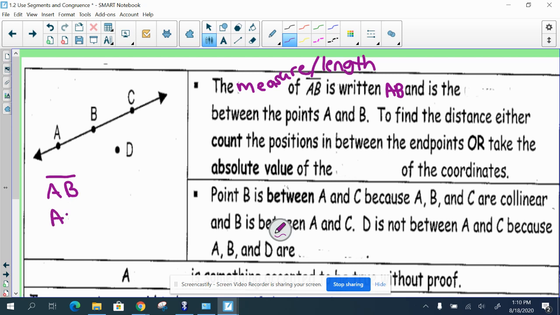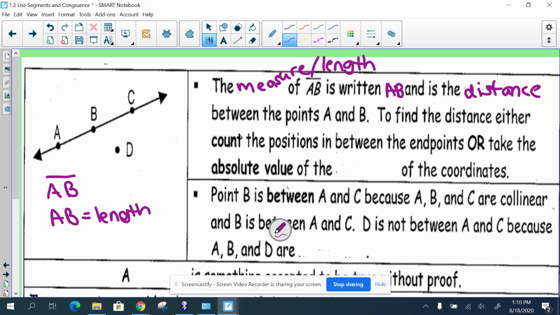AB without the segment symbol on top of it is the length, or like how many units, like 6 inches or something like that. So it's written AB and is the distance between the points A and B.